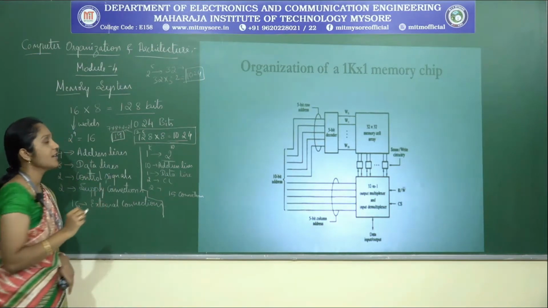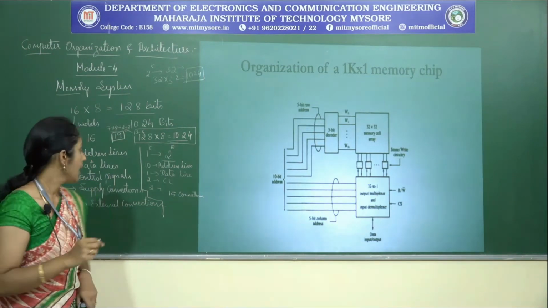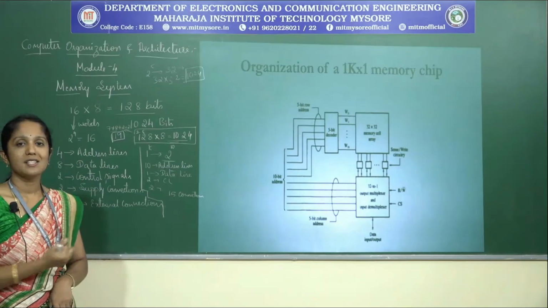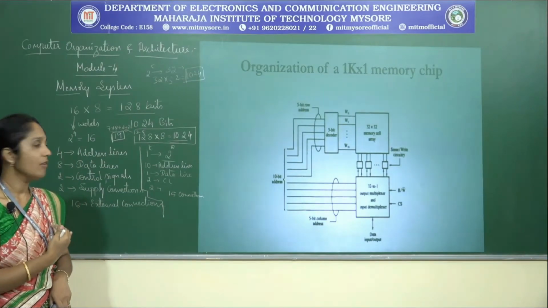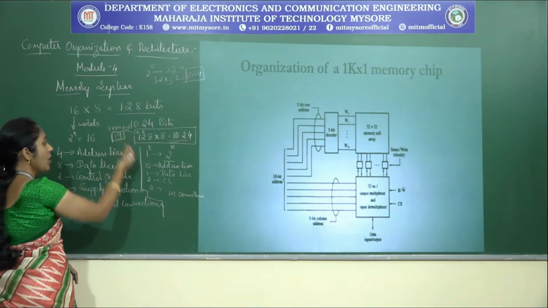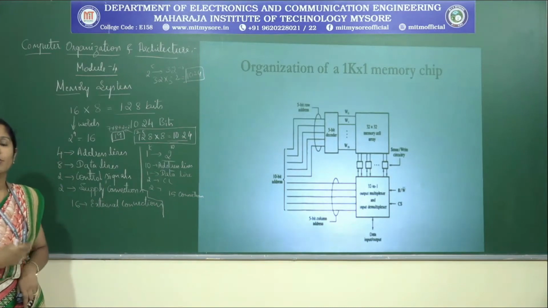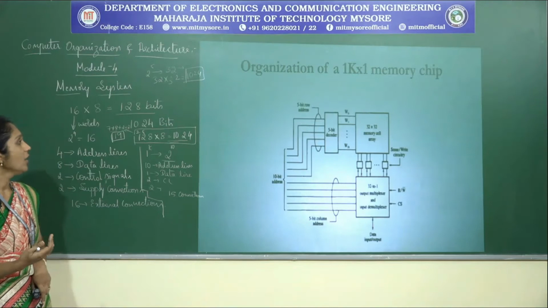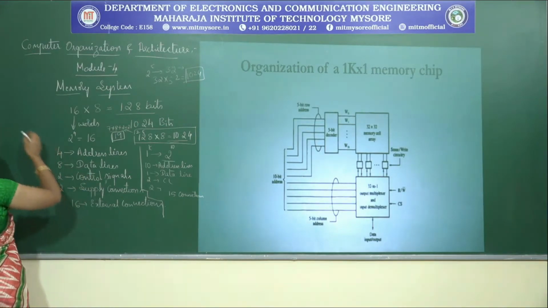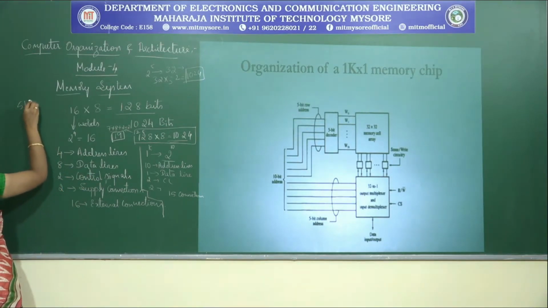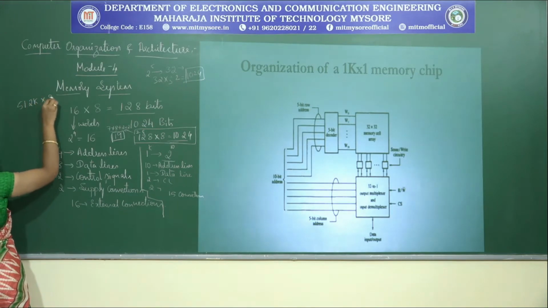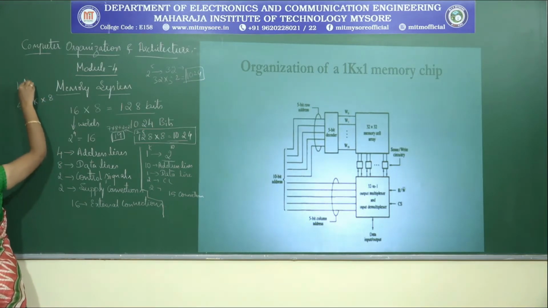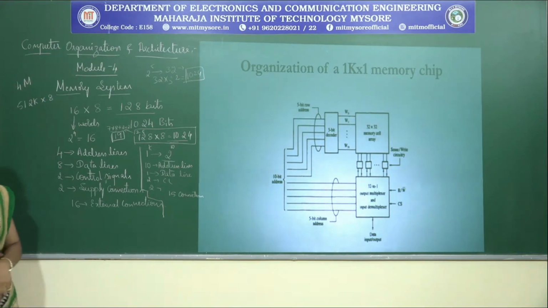If you organize it as 128 cross 8, this is how we get the total number of external connections depending on the organization. Similarly, consider 512K cross 8, assuming the memory size is 4 megabits.